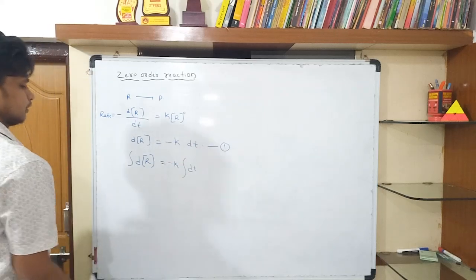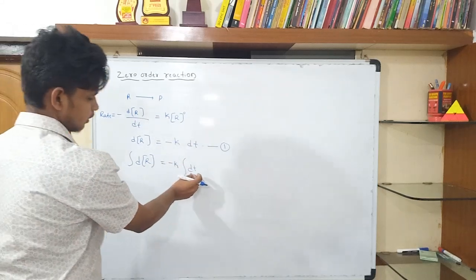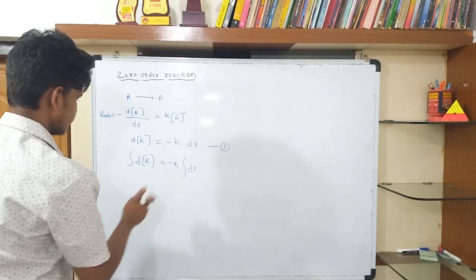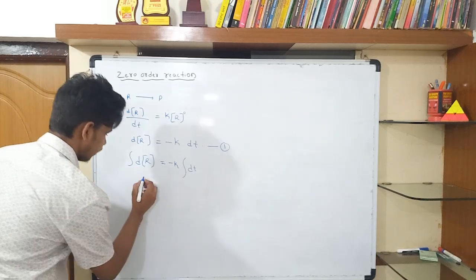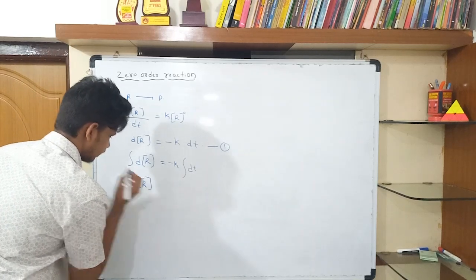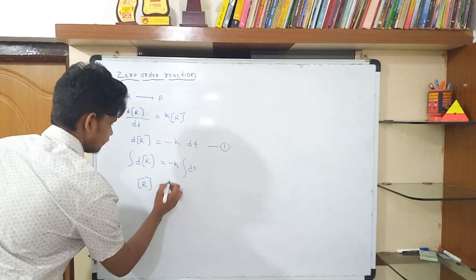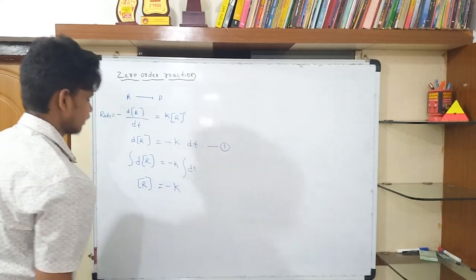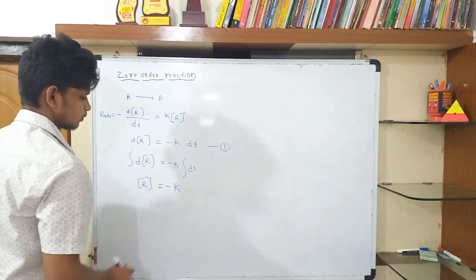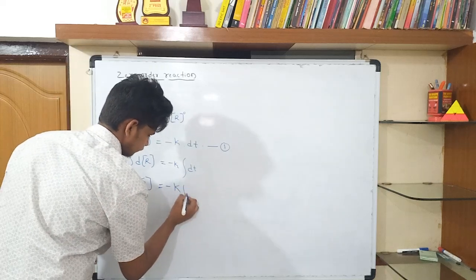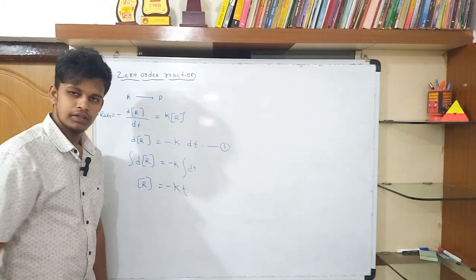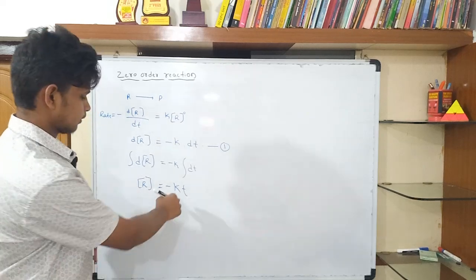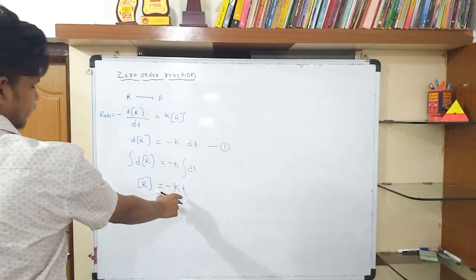Integration of dR is only R, the concentration of reactant, equal to minus k as it is. Integration of dt is t, like integration of dx is x.